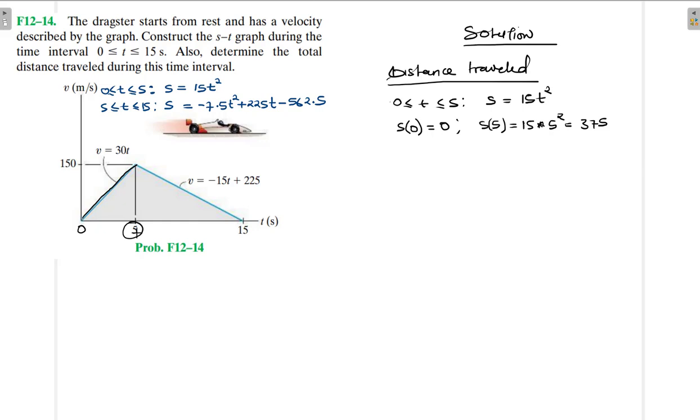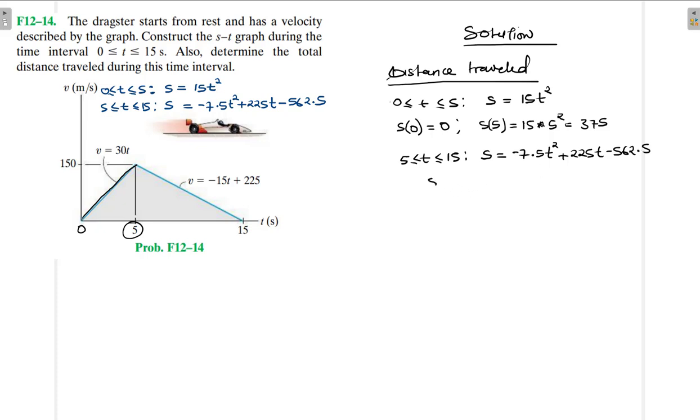And then in this interval from 5 to 15, we have this position function negative 7.5 t squared plus 225 t minus 562.5.